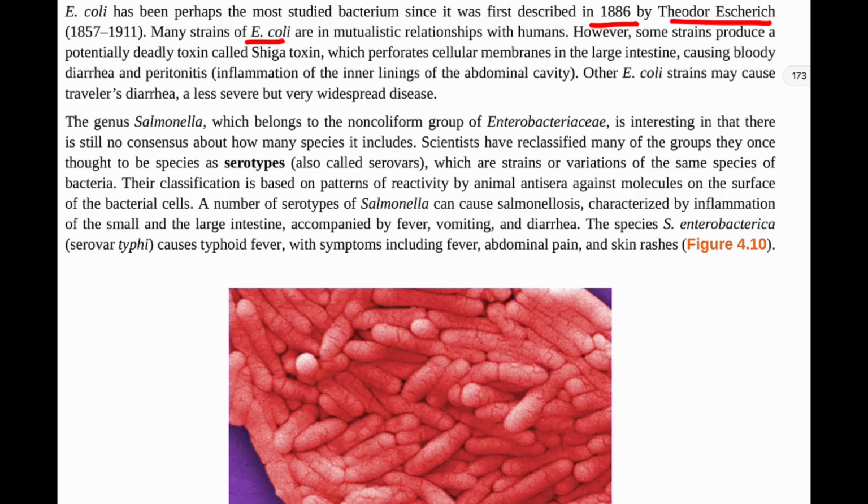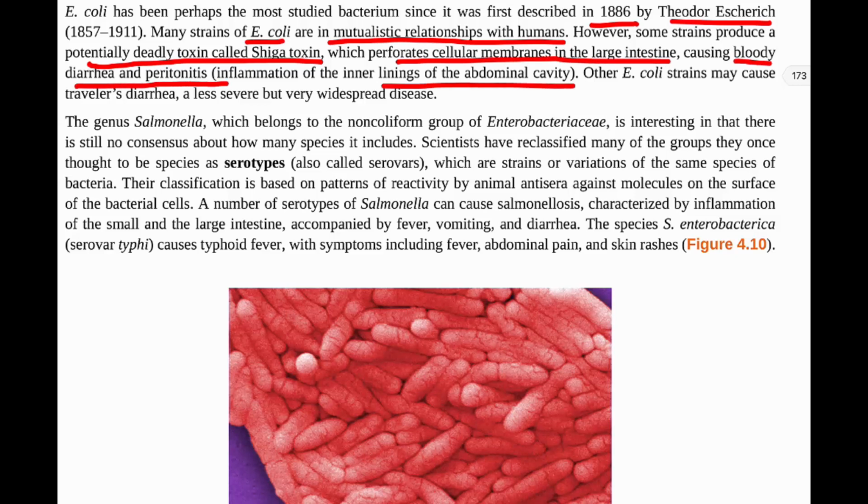However, most of them are in a mutualistic relationship. Remember, a mutualistic relationship is when both benefit. However, some strains do produce the potentially deadly toxin called Shiga toxin, which perforates cellular membranes in the large intestine, causing bloody diarrhea and peritonitis, which is inflammation of the inner linings of the abdominal cavity. So those are the ones that we talk about that can be very serious.